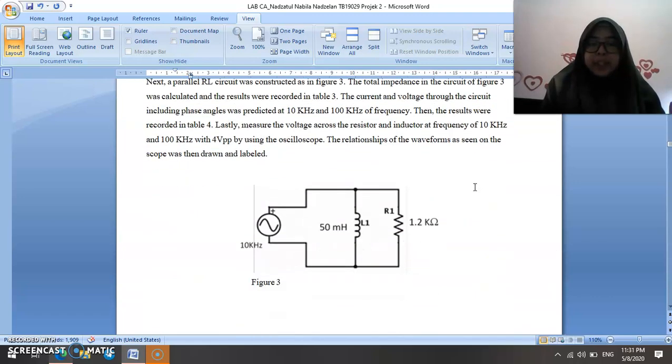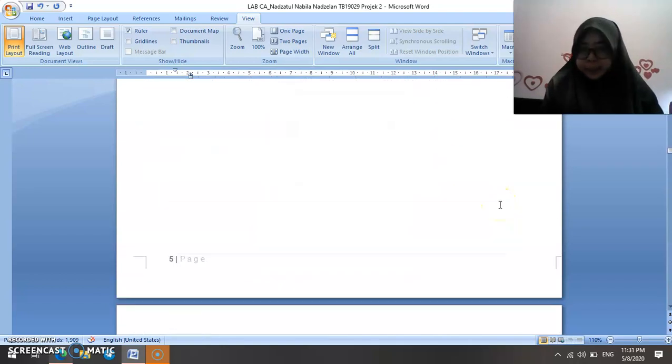Meanwhile, in figure 3, the circuit is in parallel.